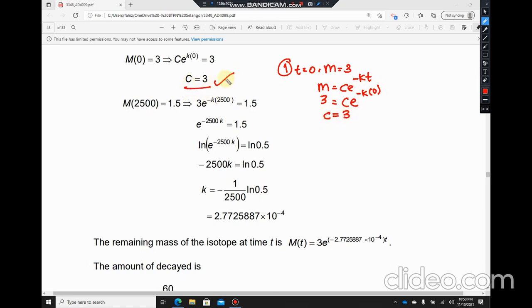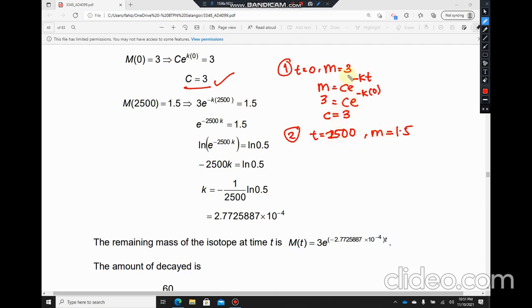Okay, so dapat kat sini nilai C. And then you use second information when T equals to 2,500 years, M dia akan jadi half. So half means 1.5. Dia kata half-life. So kena ingat half-life ni maknanya mass tu separuh, bukan masa. Kadang student dia tertukar.